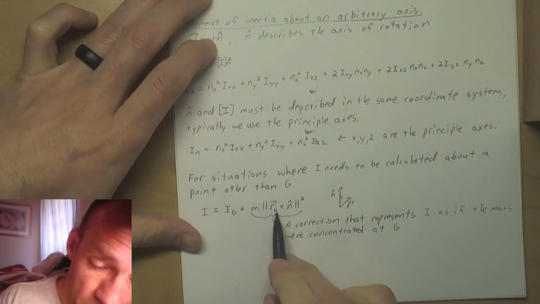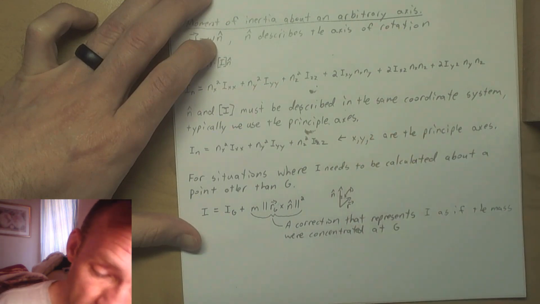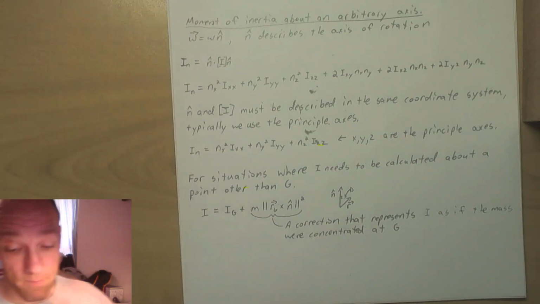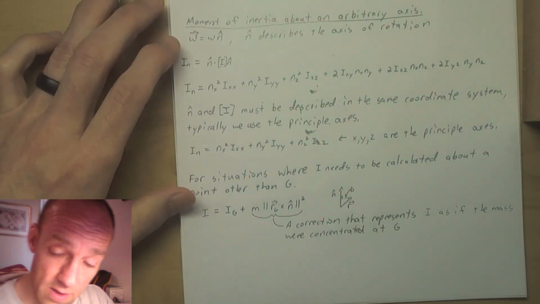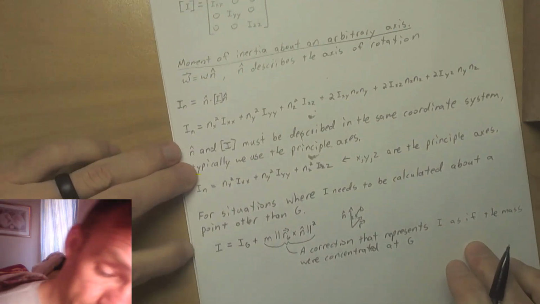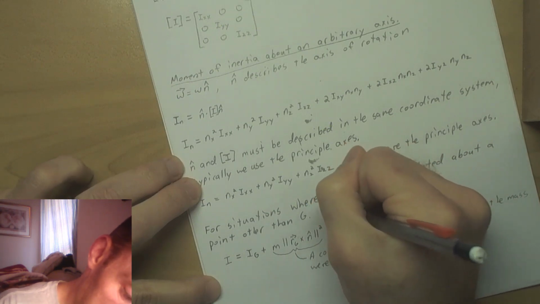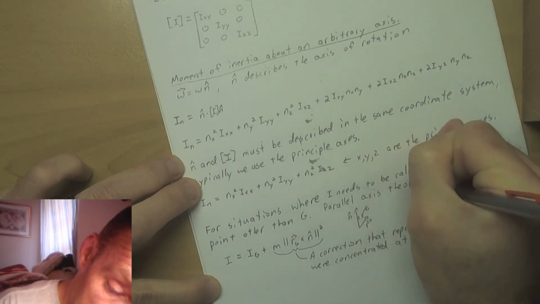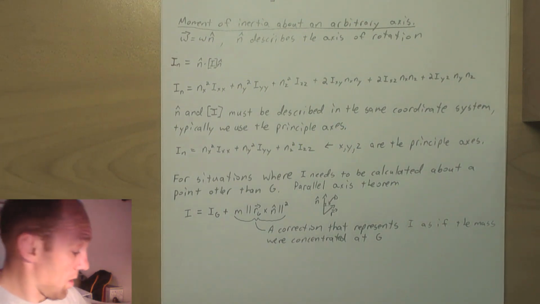We take the magnitude of R cross n, and that gives us this value right here, which maybe we call D. Then M times D squared, the perpendicular distance from the position of the particle to the axis of rotation, the minimum distance, and so this is called the parallel axis theorem.